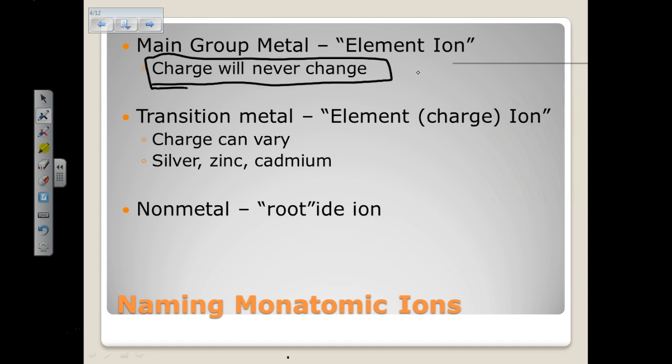So if we have sodium, sodium will always become sodium with a plus charge. It won't become sodium 2 plus, sodium 3 plus, sodium 8 plus. Its charge will always be 1 plus.